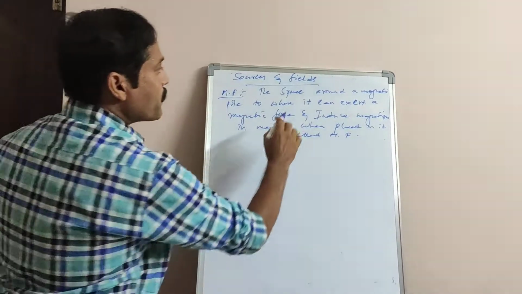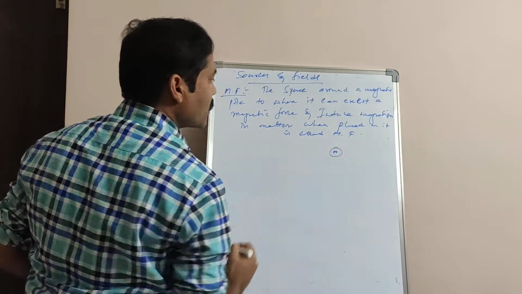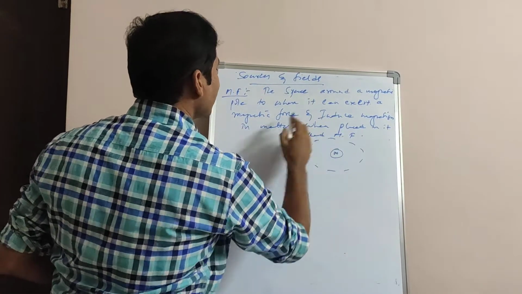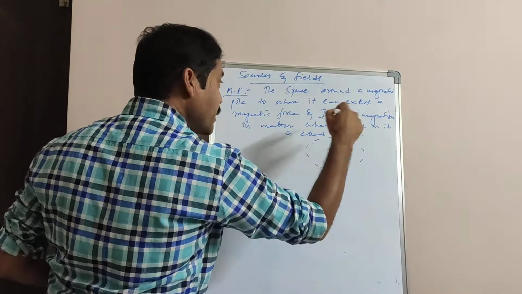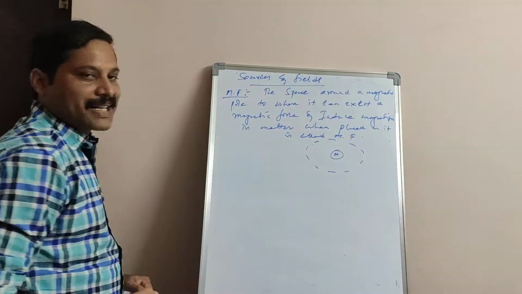Okay. So the space around a magnetic pole, so this is a north pole. The space around a magnetic pole to where it can exert a magnetic force and induce magnetism in matter when placed in it is called as magnetic field.